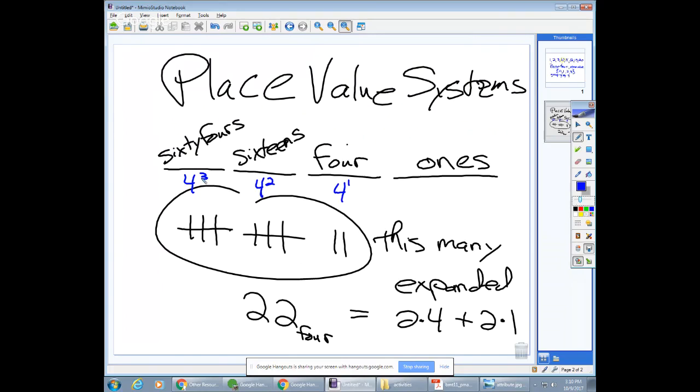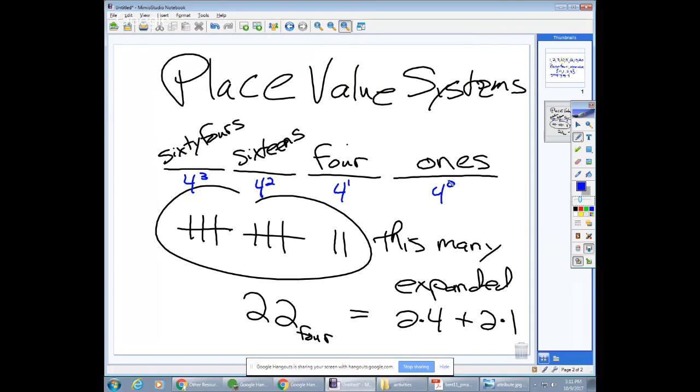The 1's place value you could call 4 to the 0, because remember, something to the power 0 is really 1. So whatever you're grouping by, in this case 4s, that's the powers that represent your place values. So if we were doing a base 8 system, like I think you had in the homework yesterday, it would be your 1s, your 8s, your 8 squareds, and so on.